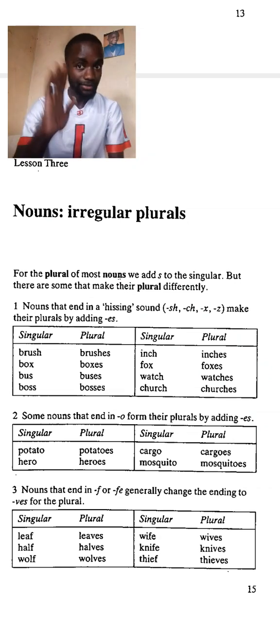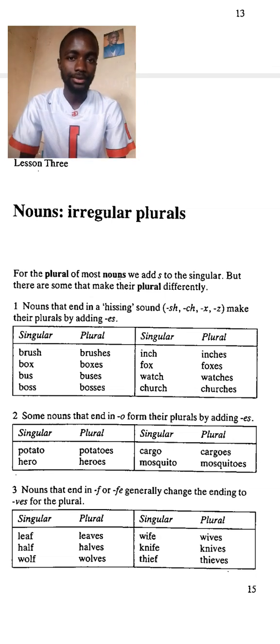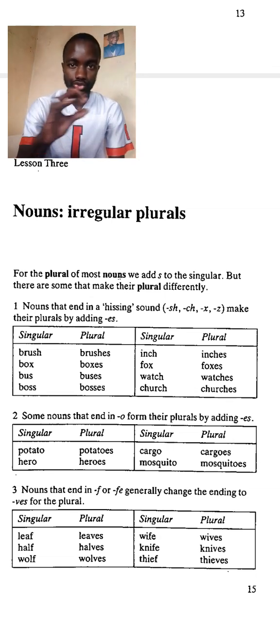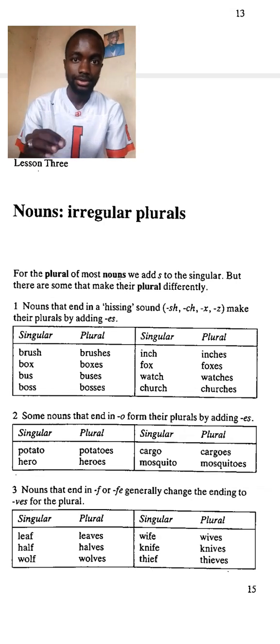Now, the first one says, nouns that end in a hissing sound. Hissing. Hiss means shh. I guess you're not scared, because that's the sound that the snake makes. Something like that. Or ch, or z. Okay?